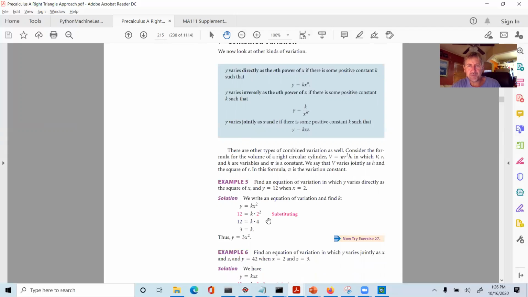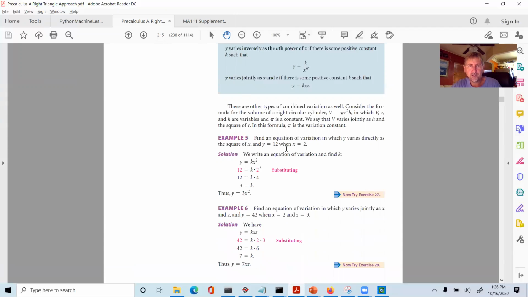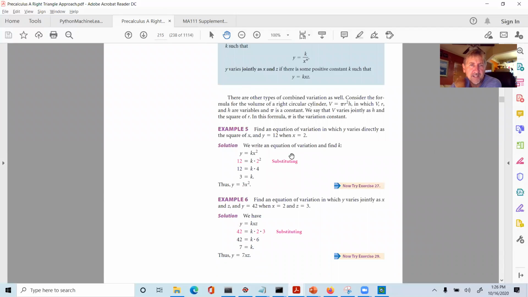There are a few more examples here that you can look at in the textbook. Find an equation of variation in which y varies directly as the square of x. So square means it's to the second power. So y varies directly, so k times x, but it's not just x, it's x squared.